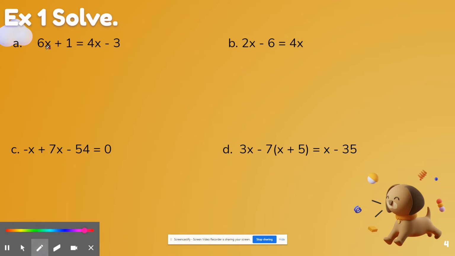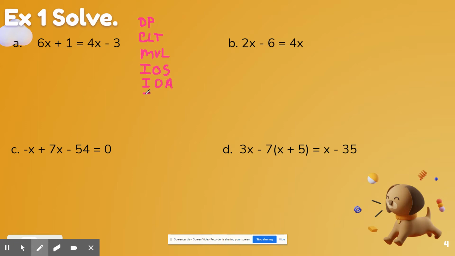We're going to start with this type of equation. So normally you would look for distributive property, and then you would look for combining like terms, and then you would look for moving the variable to the left, and then you would do the inverse of subtraction, the inverse of addition, the inverse of division, the inverse of multiplication.